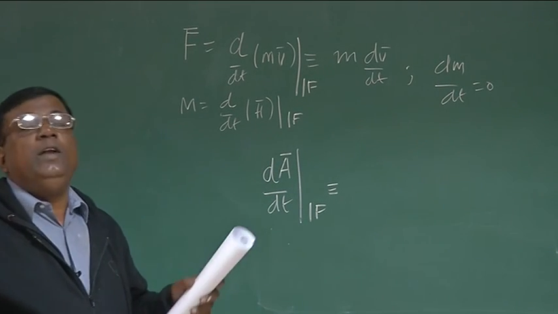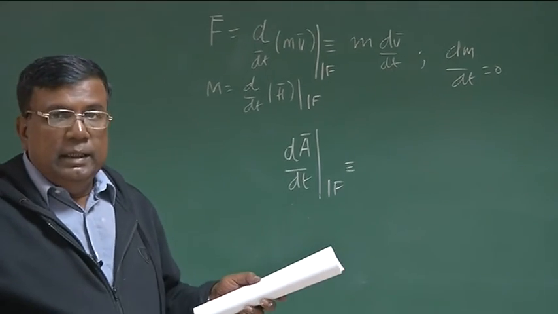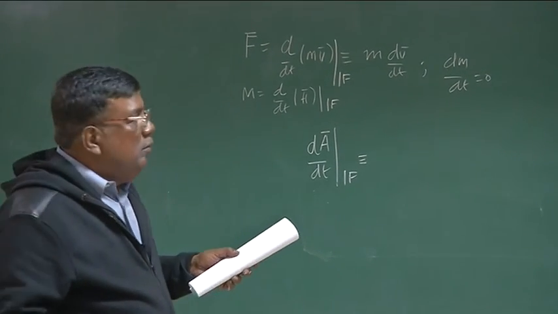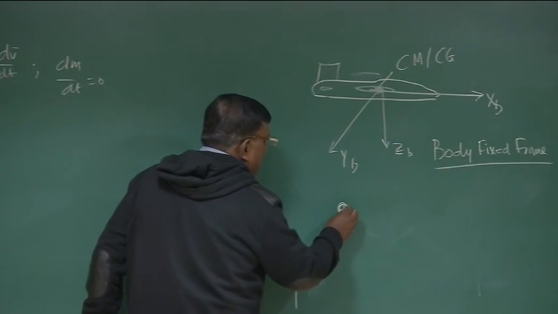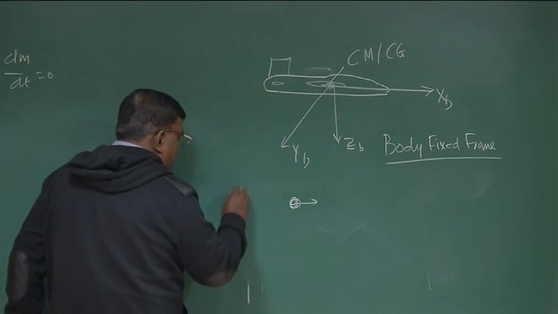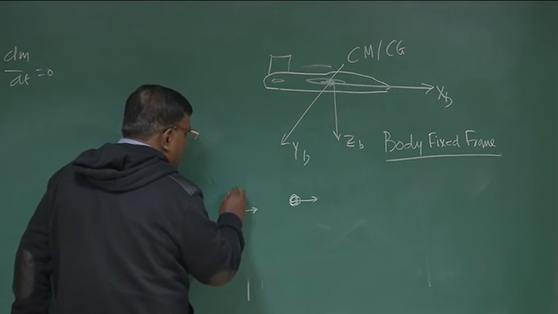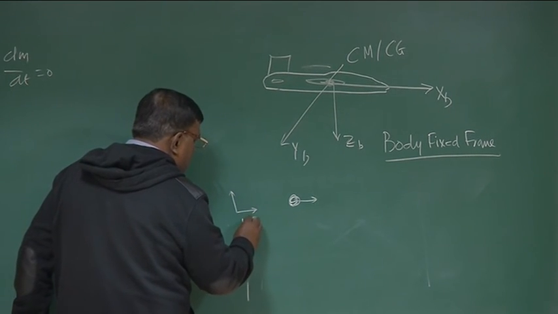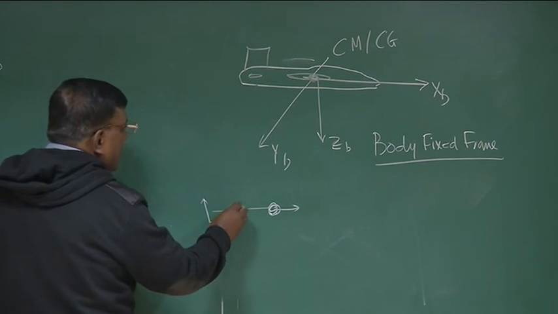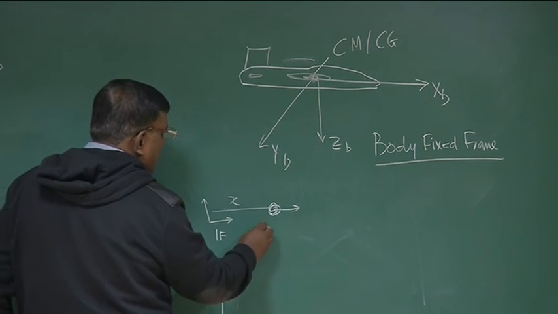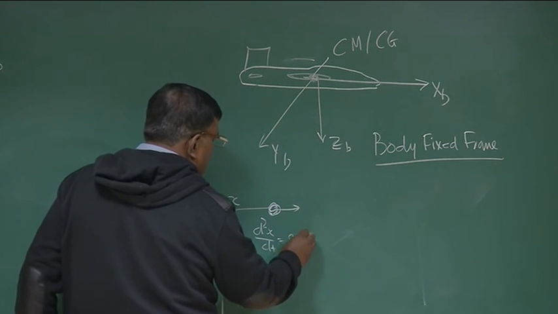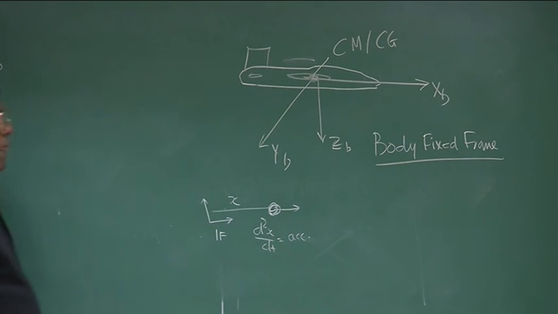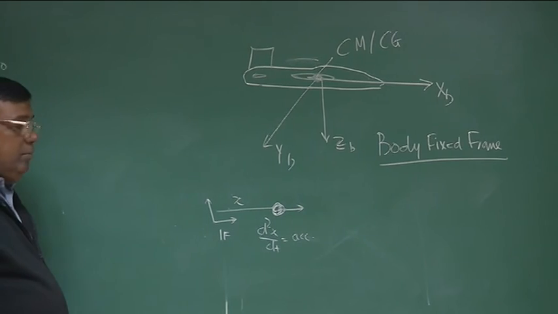What is the way to do it? That is the question we are asking. For example, if I am measuring the acceleration of a body, and some axis system is inertial, then d square x by dt square is the acceleration, as long as this is an inertial frame.